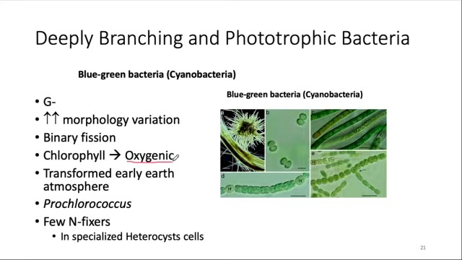Among the cyanobacteria are a few nitrogen fixers. These nitrogen-fixing bacteria are able to convert nitrogen gas into ammonium, which the cells can use. It's only because they have an enzyme known as nitrogenase, which exists in specialized cells called heterocysts.